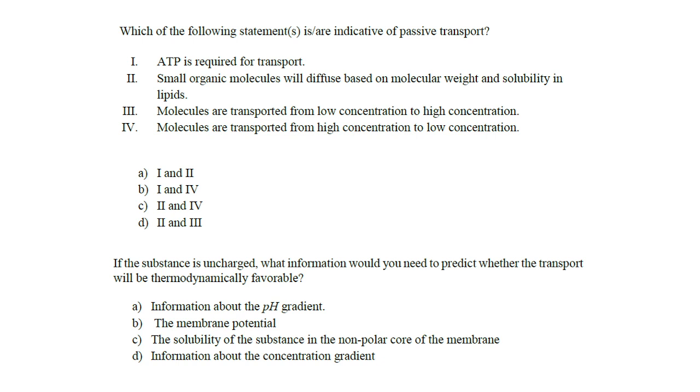If you read, you can understand that only small organic molecules will diffuse based on molecular weight and solubility in lipids, and the other correct option is molecules are transported from high concentration to low concentration. So D is correct.